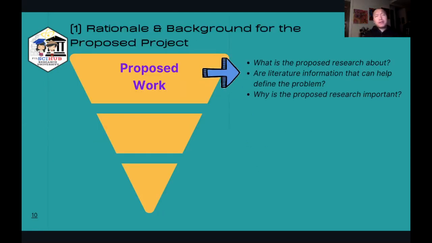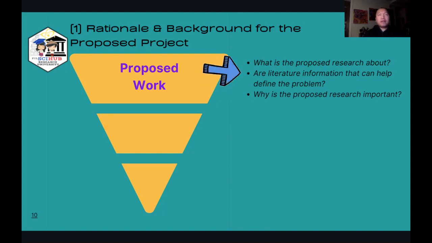Okay, so the first part of the body of a proposal is the rationale or the background for the proposed project. So in most proposals that I have written and that I have read and reviewed myself, typically experts dedicate like a page for this, so you can have like about at least 3 paragraphs.